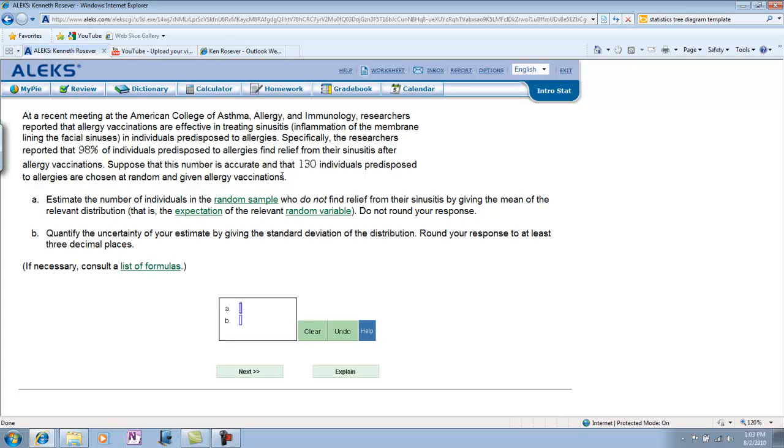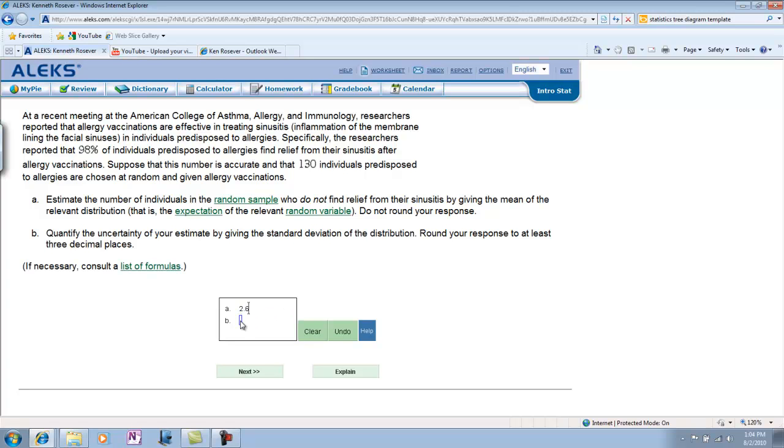And we're going to take a sample of 130 individuals who are predisposed to allergies. And they want us to estimate the number of individuals in their random sample who do not find relief by getting allergy vaccinations. Well, the ones who do not are going to be 2%. And 2% of 130 is 2.6.